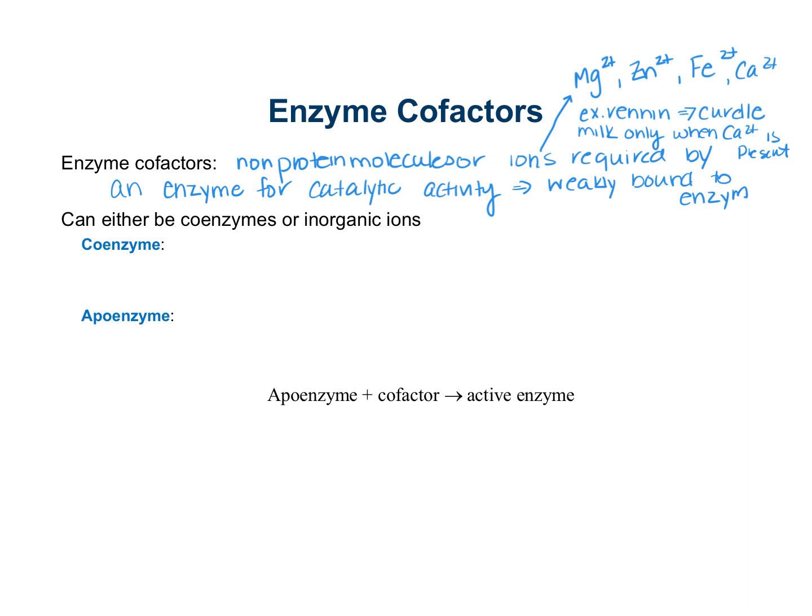Okay. Now, if these are not metals and they are organic compounds, then they're referred to as coenzymes. So coenzymes are organic cofactors, right, that are often derived from vitamins.